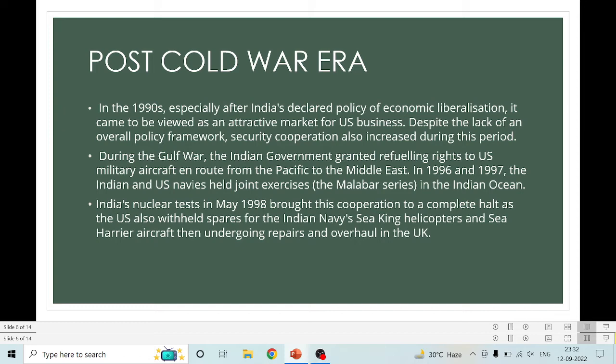Malabar exercise came into being after that. India's nuclear test, however, in 1998 was a flashpoint, and initially the US reaction was not very good for India, and they started taking their hand back from the relationship, but it could not last long because India's stature was rising.